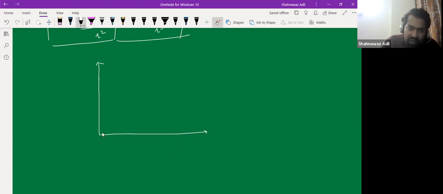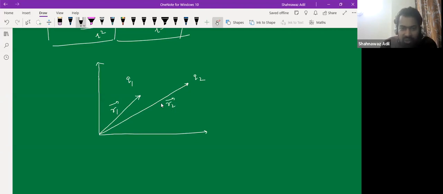And let's say the position vector of one charge is r1. And then you have another charge here, this is q2, and this position is r2. So these are the position vectors of these two charges.